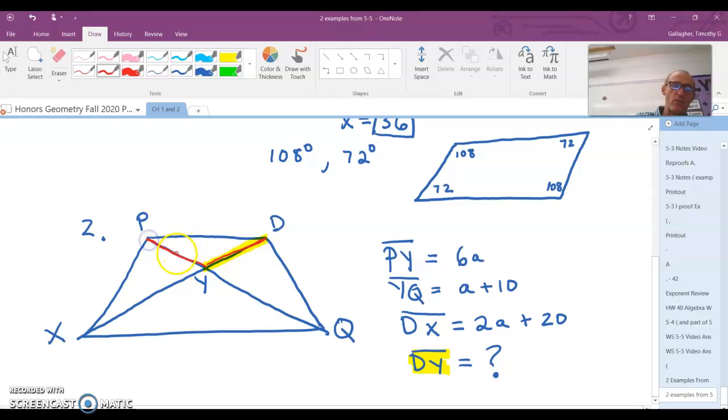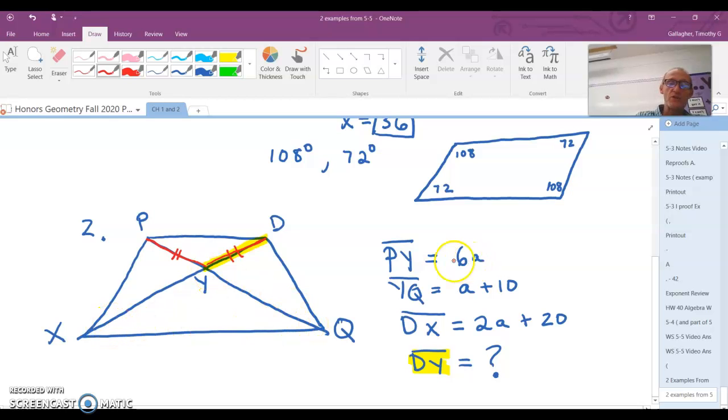It doesn't say that anywhere, but this segment is congruent to this segment. Because, for a few reasons, this triangle is an isosceles triangle, and this triangle here is an isosceles triangle.